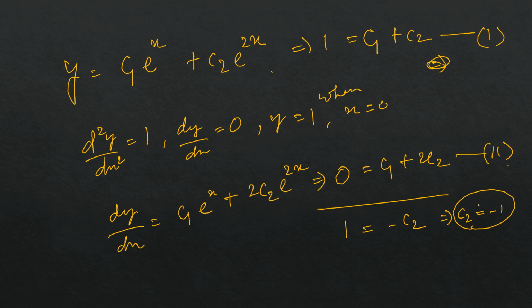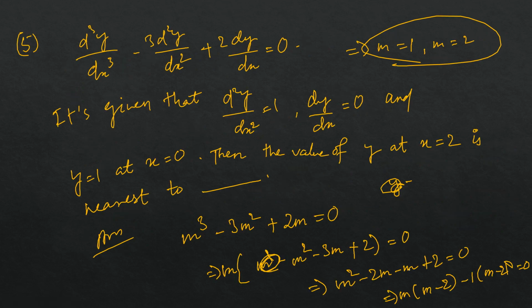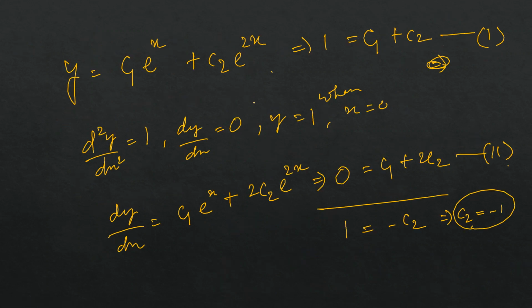I made a mistake. Sorry. Wait. Here, m should also be 0. This m should be 0, right? So the whole solution is wrong now.